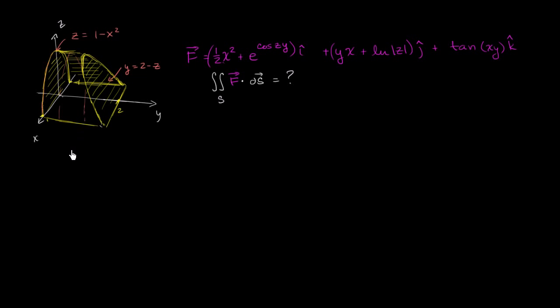And surface integrals are messy as is, especially when you have a crazy vector field like this. But you could imagine that there might be a way to simplify this, perhaps using the divergence theorem.